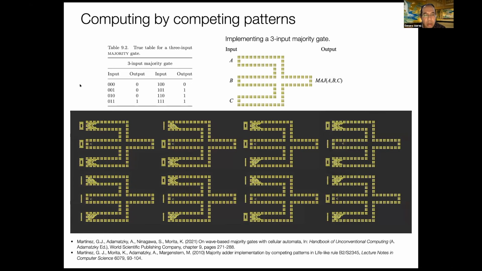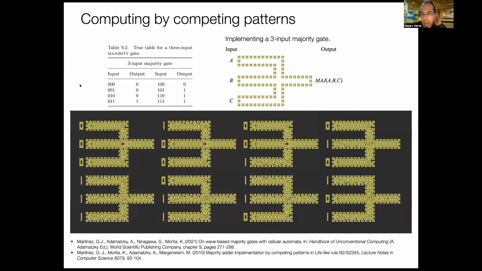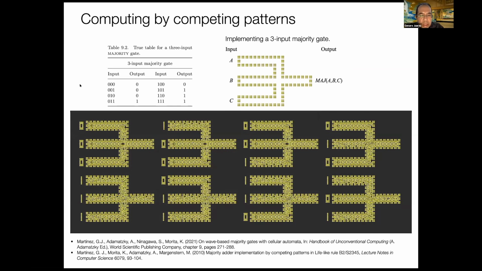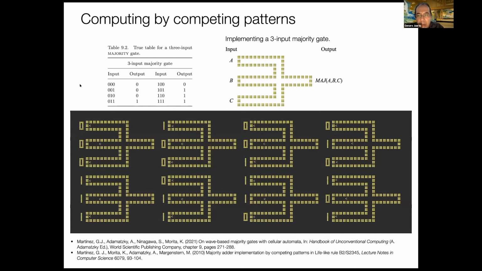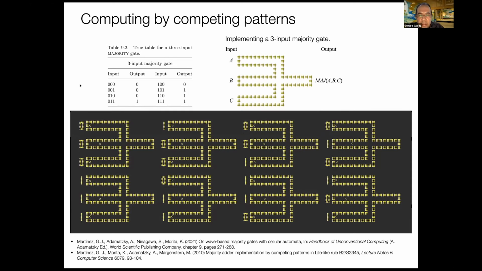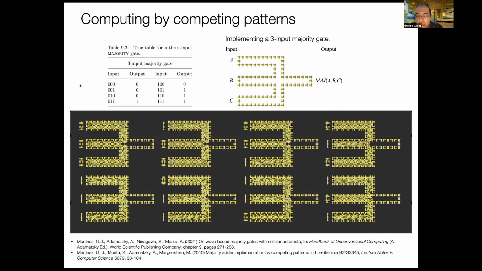Recently, indeed this year, we have implemented a 3-input majority gate. What is the characteristic of this majority gate? Well, first, the majority gate implies a parallel computation because the 3 values will be processed at the same time in only one position.